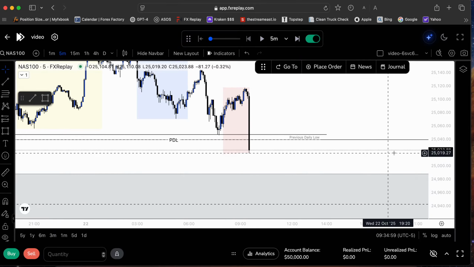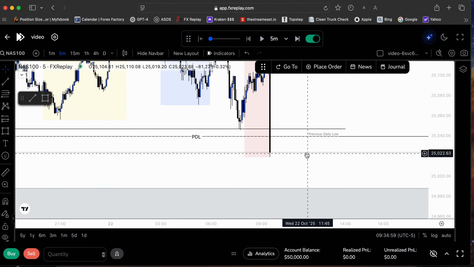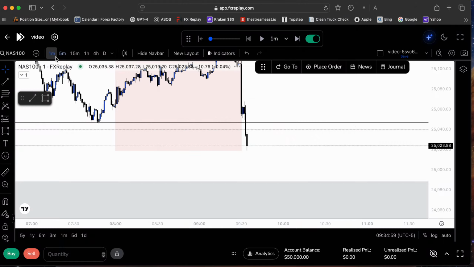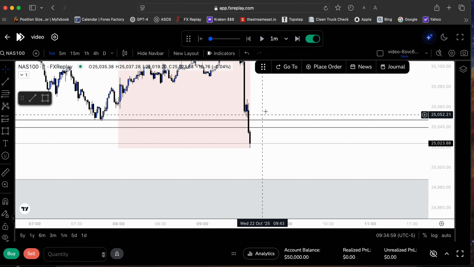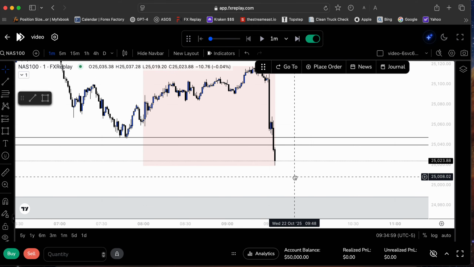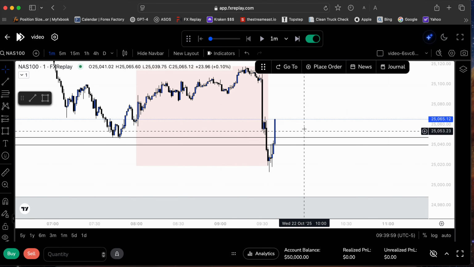So now our first thought is we're going to continue lower. So now we can potentially look to go on the lower time frame, like the M1, and look for a tap into the FVG to continue lower to our draws. That's what I'm going to do here. If I remember correctly, we're not going to get that. Yeah, perfect.